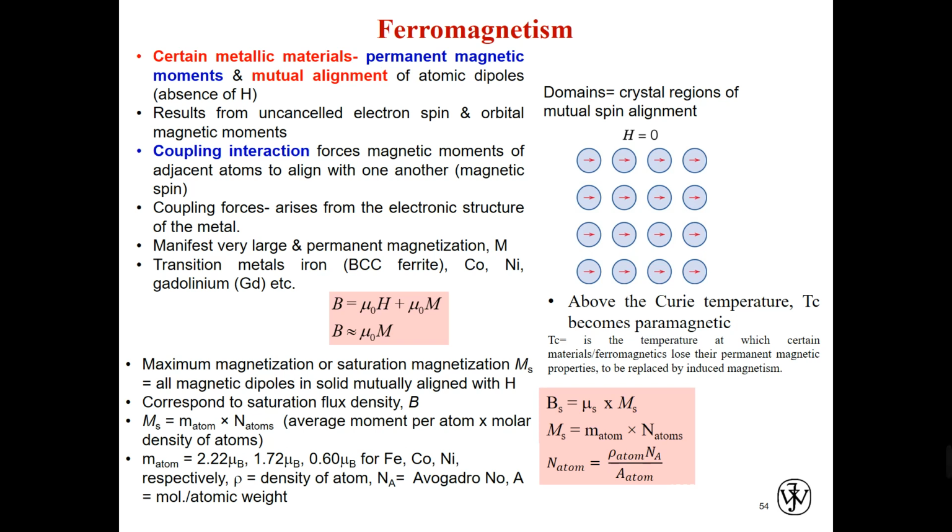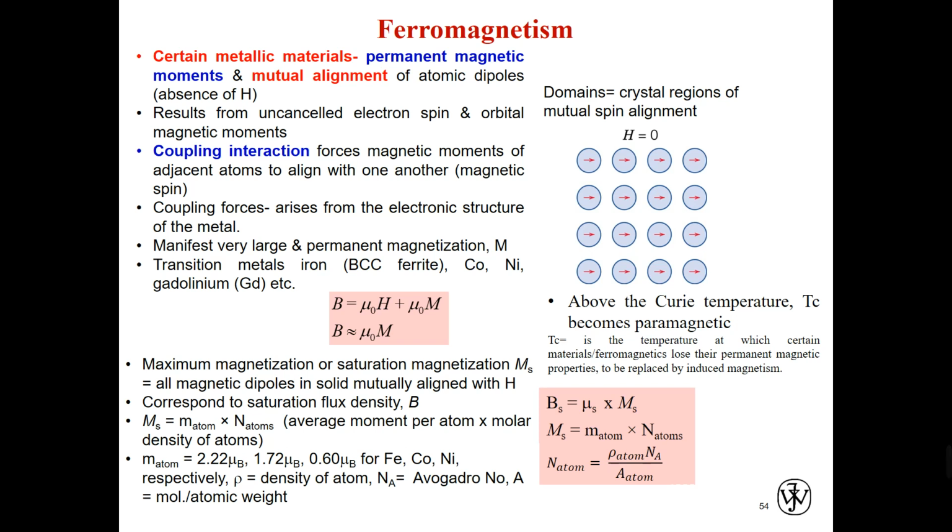Examples of these materials are iron with BCC ferrite, which you have learned. BCC is body centered cubic, and ferrite has many crystal structures. Also cobalt, nickel, and gadolinium. Basically they are transition metals in the middle of the periodic table.